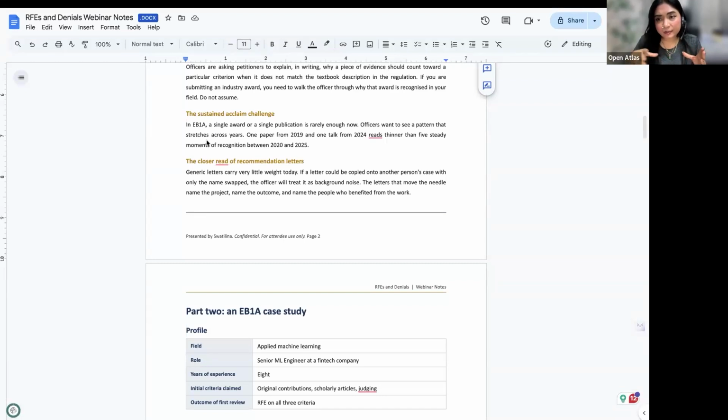Then the sustained acclaim chain comes from the anchor criteria, right? So your experience is your anchor criteria: the complete experience you've been building, what your contribution was towards the original idea and its execution, how many years you've been in that particular domain, and so on.